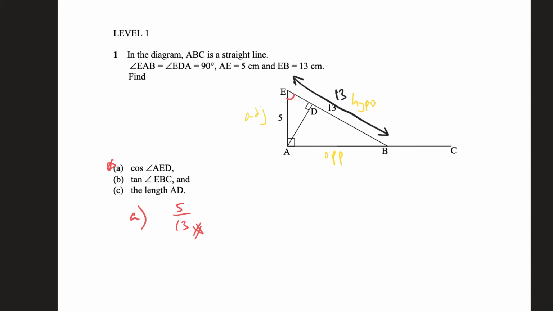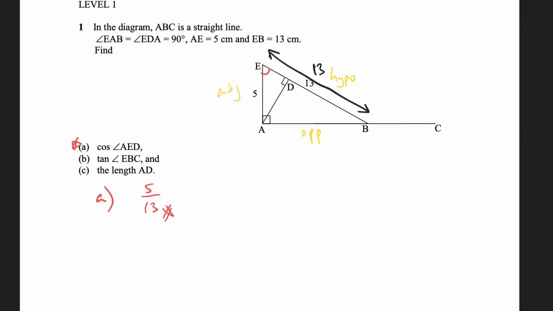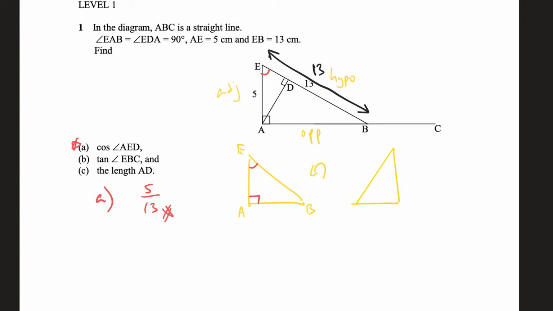And that's it. If you're having trouble visualizing, I can redraw it over here, where this is EAB, and this is the angle we're talking about, and this is my 90 degrees angle. If I rotate it this way, you can slowly see this. Or you can just rotate the screen or the paper.